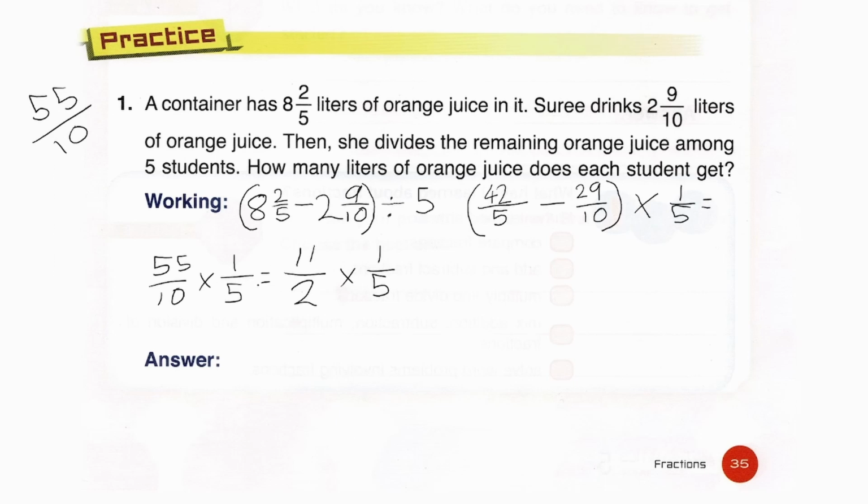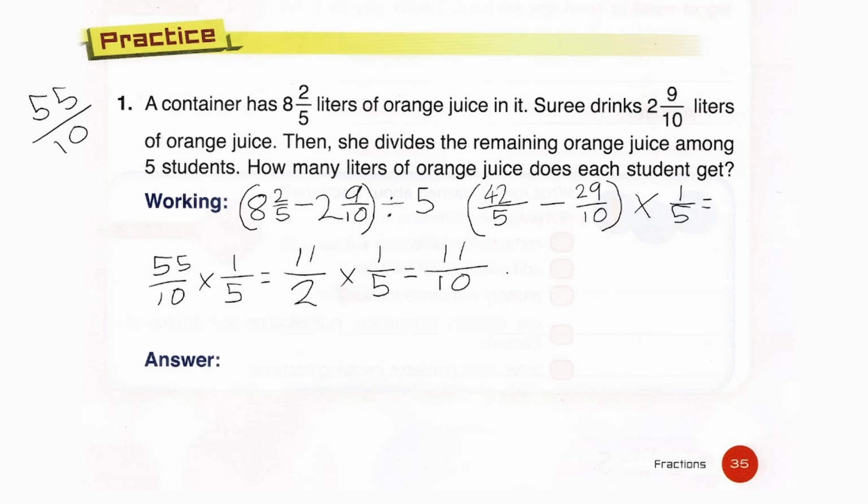So always try to simplify the fractions. Equals. So 2 times 5 is 10. 1 times 11 is 11. So there we have 11 over 10.